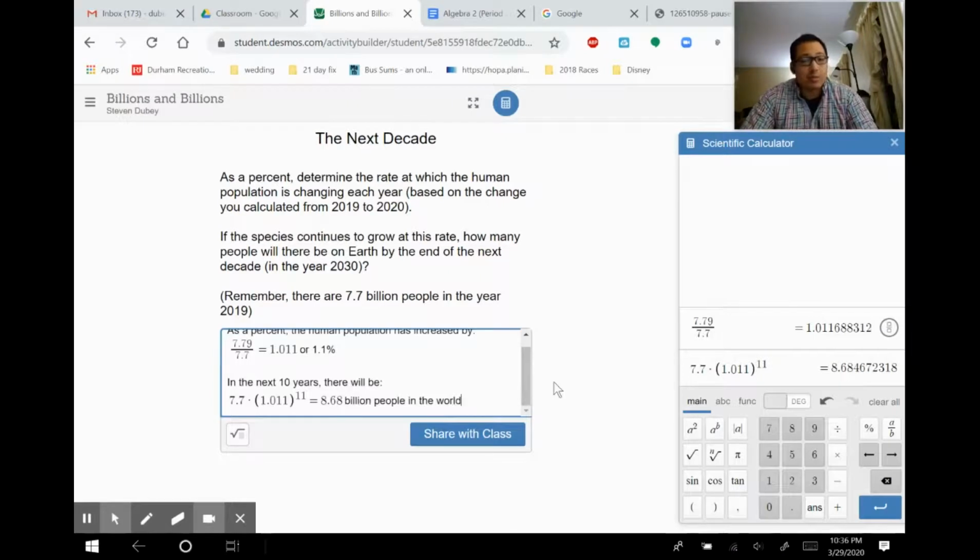It's a lot of people. So think about that. It took us like 2,000 years to go from 1 billion to 7 billion. And then in about 10 years, we're basically gaining a whole other billion people.